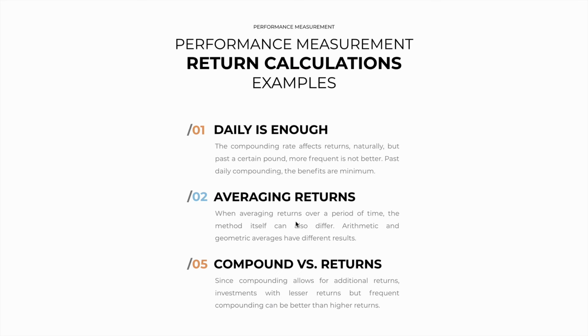Another topic is that the returns can even be weighted for time, or in other words, the more recent returns have a bigger weight. Then, compounding affects returns. Literally, since compounding generates returns, investments with lesser returns but more frequent compounding can and do overtake others that have higher returns but less frequent compounding.